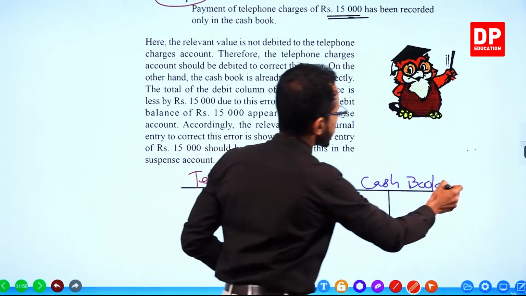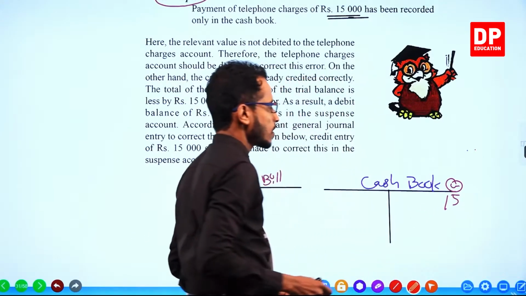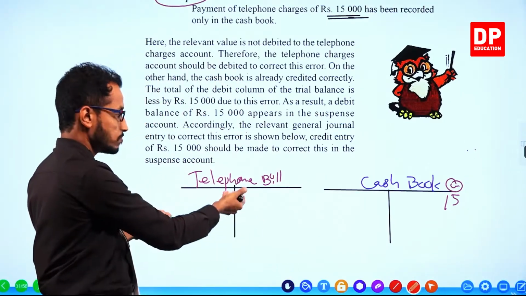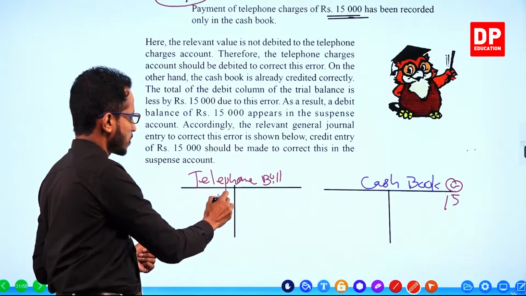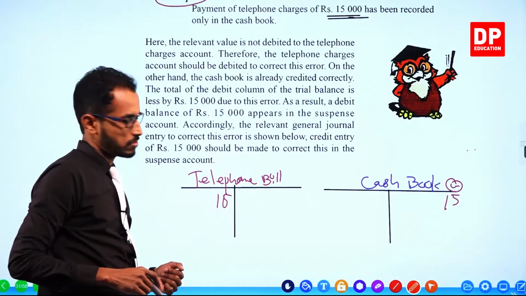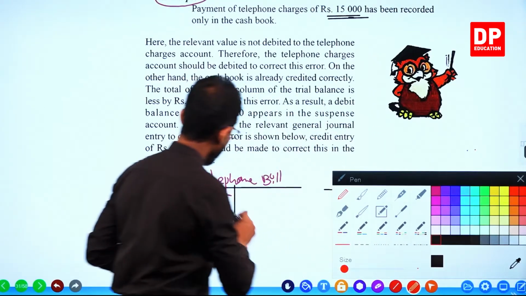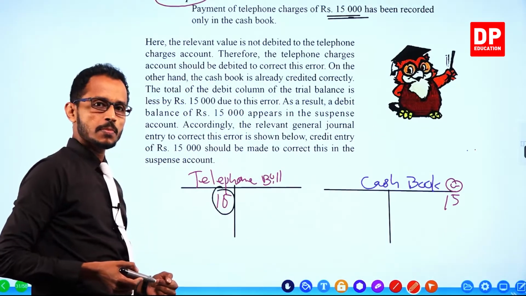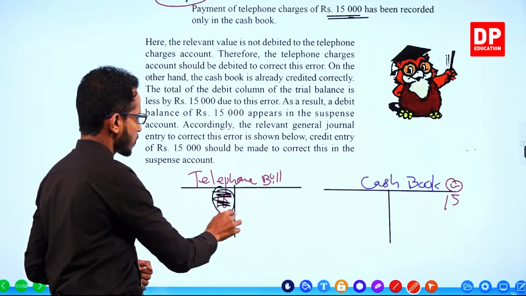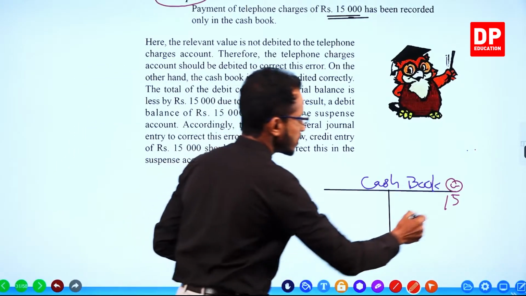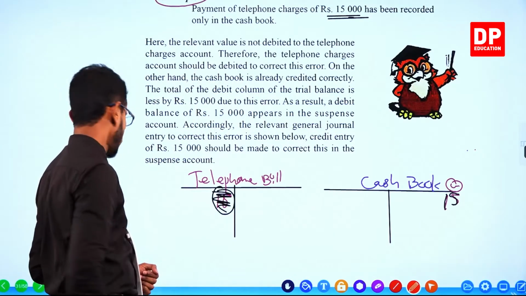That means cash book credit side, this 15,000 is there. But in the telephone charges account, debit side, it's not there. Which means the credit side will be 15,000 higher than the debit side.